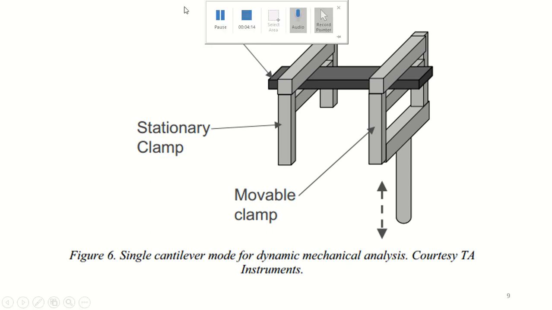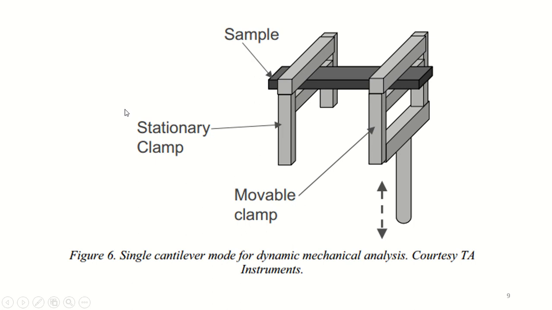The first, shown in Figure 6, is a single cantilever mode. Neat samples can be made in Teflon or silicone rubber molds and are generally 0.5 to 2.5 mm thick.